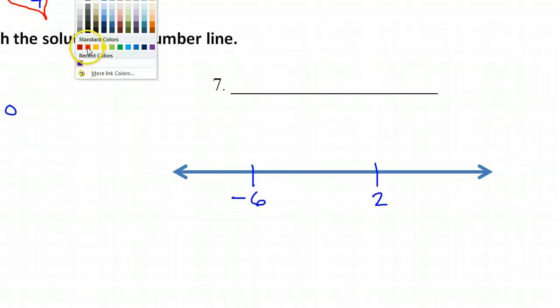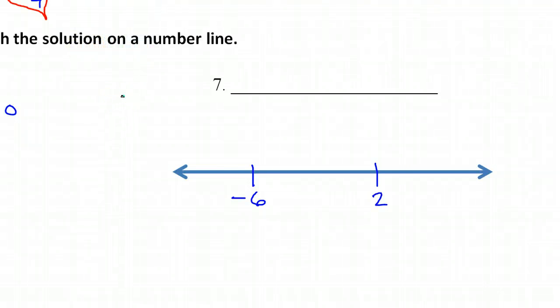You can pick any number you want. In this zone, I've got negative 6, so I could pick negative 7, negative 8, negative 9, anything in this area. I'll pick negative 8 as my test value there.